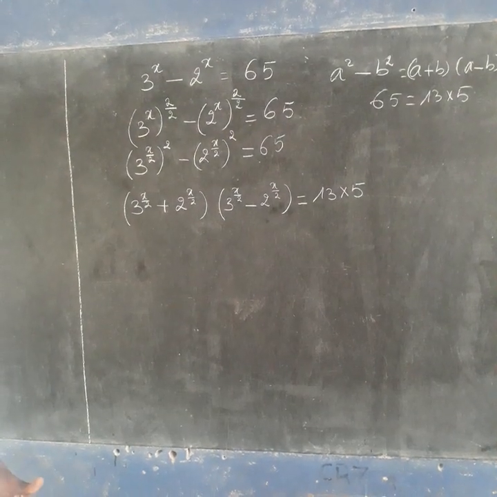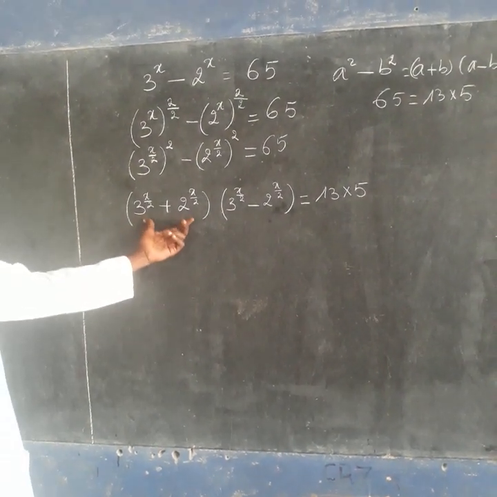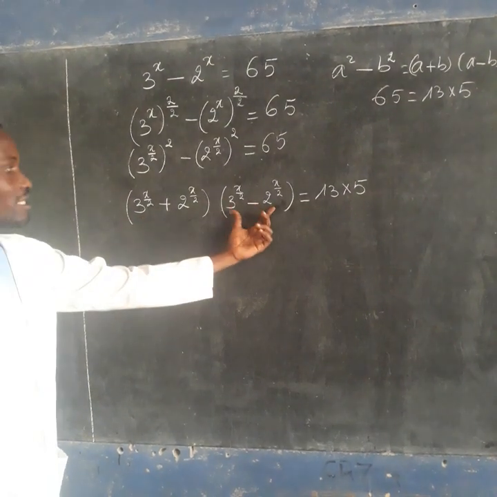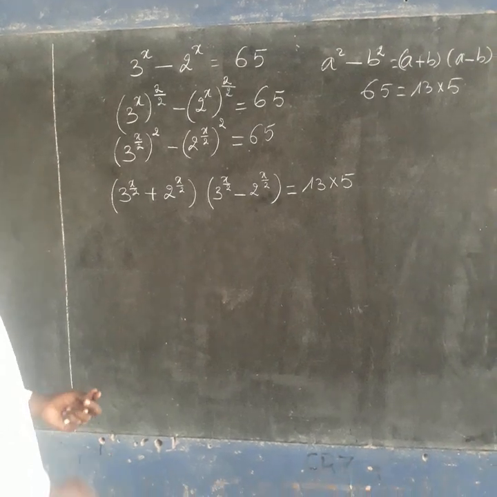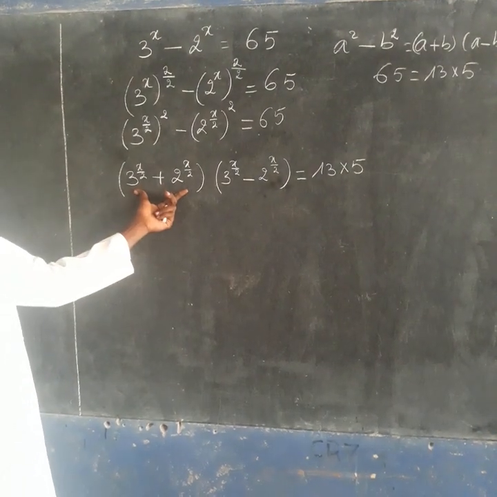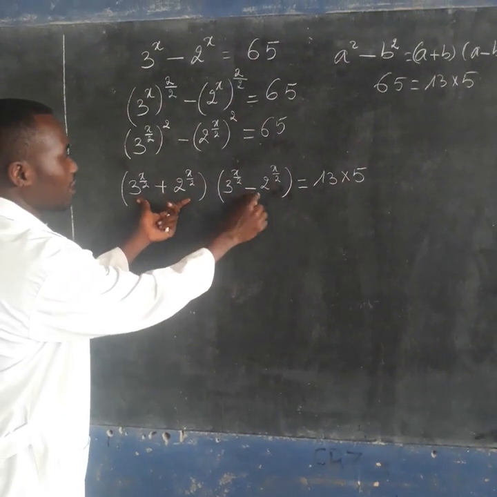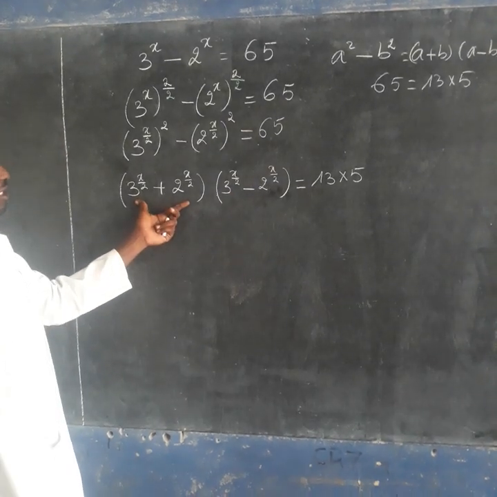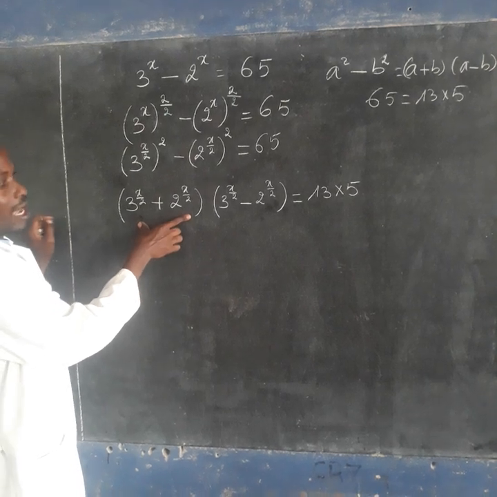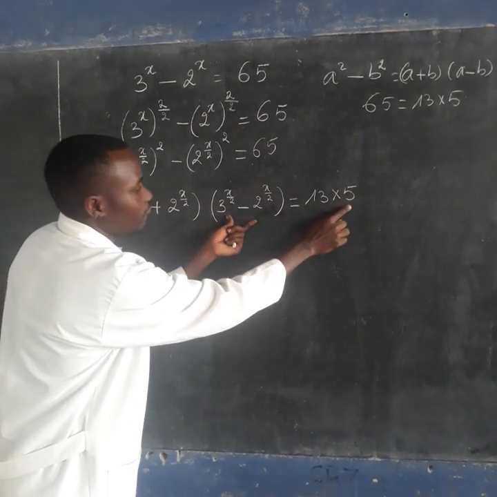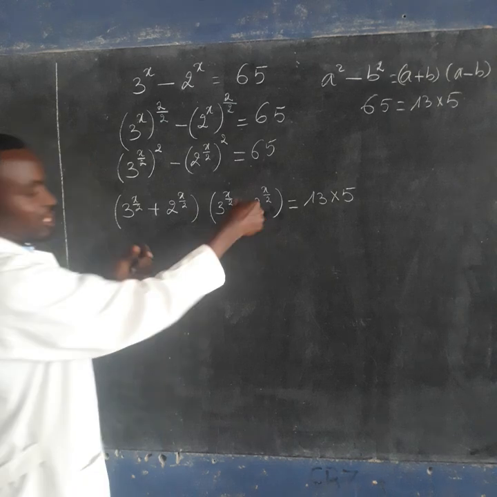As we see here, one factor is positive and another is negative. After looking here, the greater number will be this one, instead of this one which contains the negative sign. Meaning that this 13 will be equivalent to this expression, and this 5 will be equivalent to this expression.